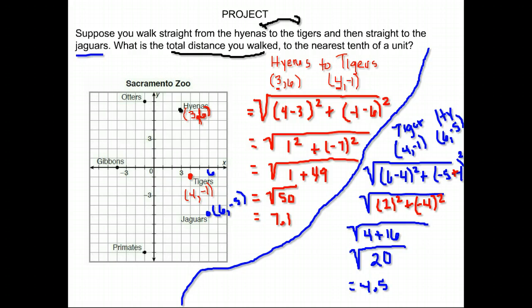Okay, so what then would be our total distance if we go from the hyenas to the tigers, and then the tigers to the, whoops, this was supposed to be the jaguars. Okay, so we put both of those together, and we will have our answer.